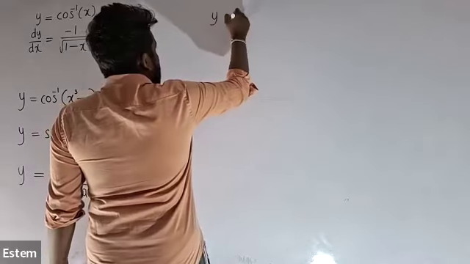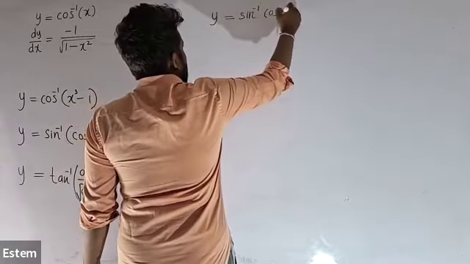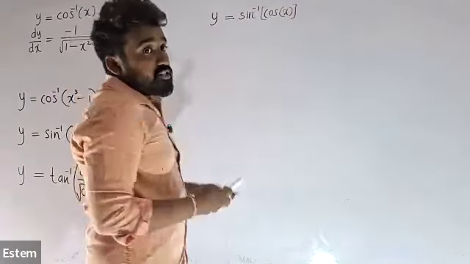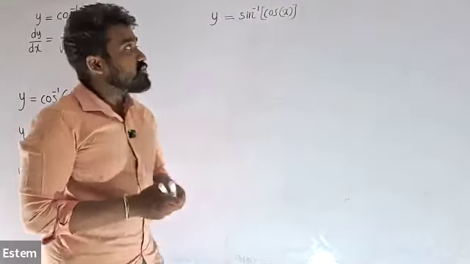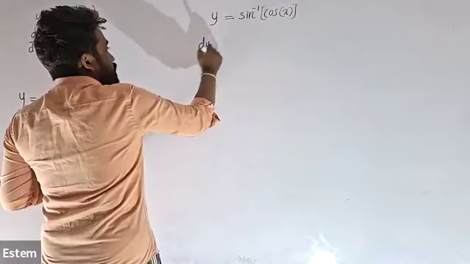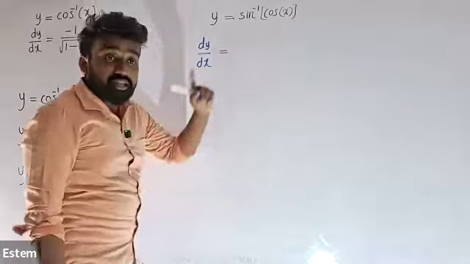So I go to this question. y equals sine inverse cos x. There are two functions: one is the sine inverse function, the other is the cos function. When we find dy over dx, first we should differentiate the sine inverse function.